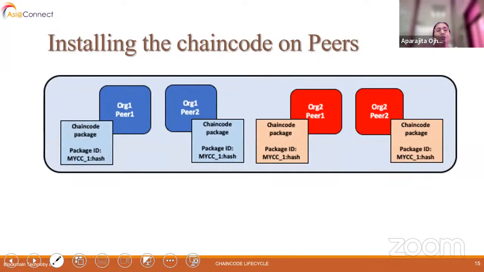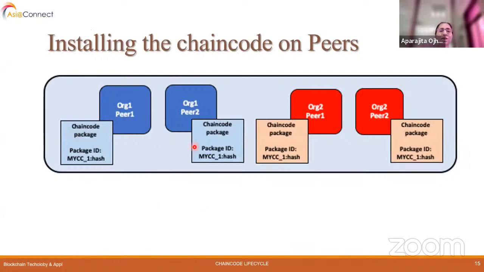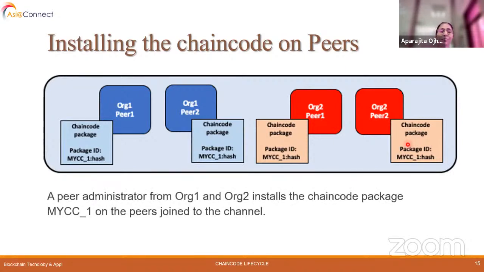Okay. Then we install the chaincode on peers. So first you saw the chaincode is packaged. Then it is installed on each peer, as you can see here and here. All right. So Org1 and Org2 both are installing it on each peer, that is, on each peer's computer.